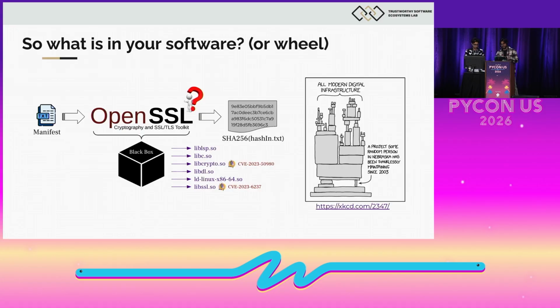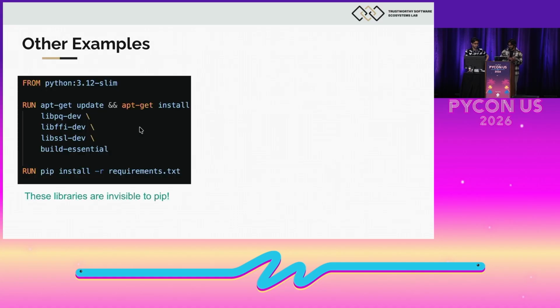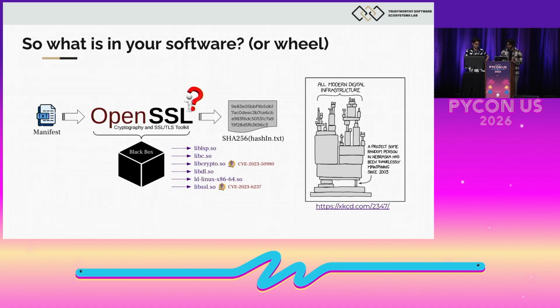Your software depends on shared libraries, like libSSL, libcrypto, libc. These get pulled in during the build, and some of these have known CVEs. And this XKCD is something that we've all probably seen. A lot of modern software probably runs on that one project maintained by one guy from 2003. And the point is that your manifest captures maybe the top layer, but everything below is invisible.